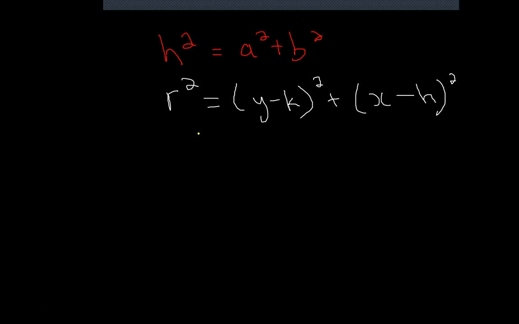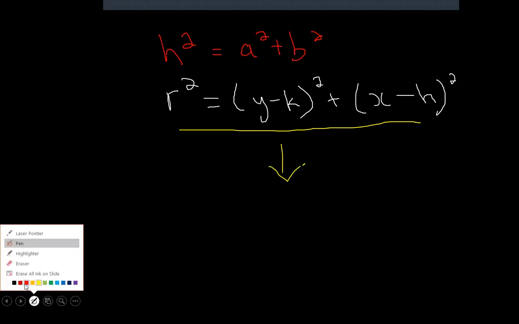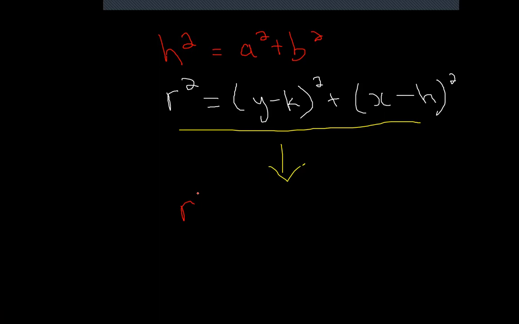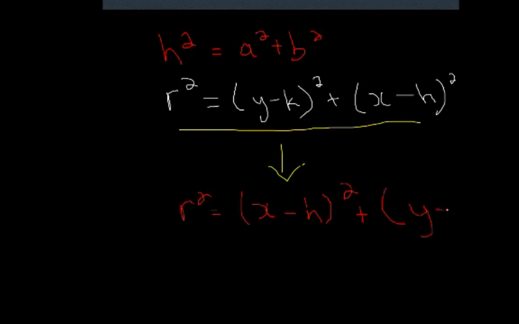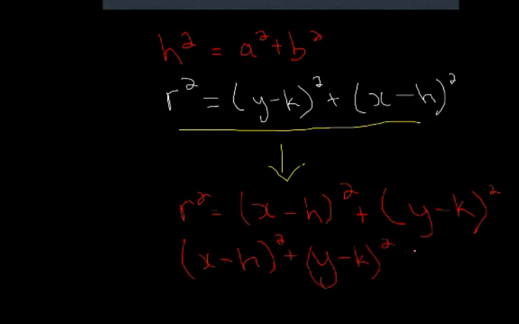But this could be rewritten as r squared is equal to x minus h squared plus y minus k squared. And if I wanted, instead of putting the r squared on the left-hand side, I could put it on the right-hand side. So x minus h squared plus y minus k squared is equal to r squared.